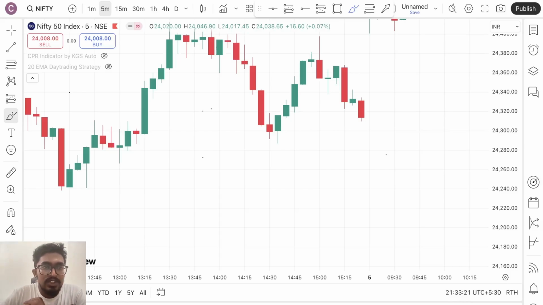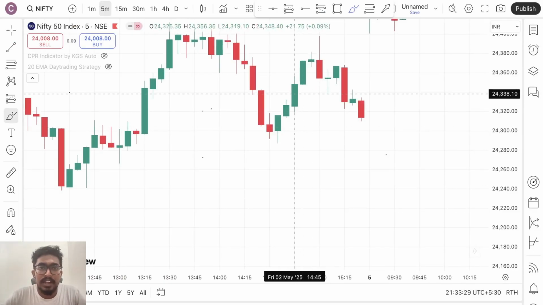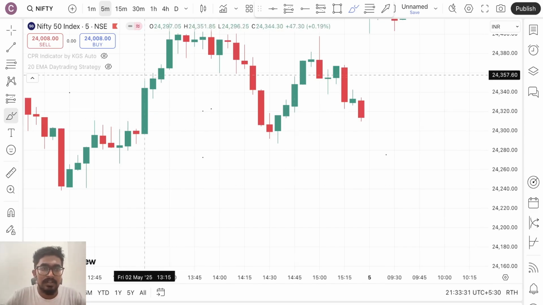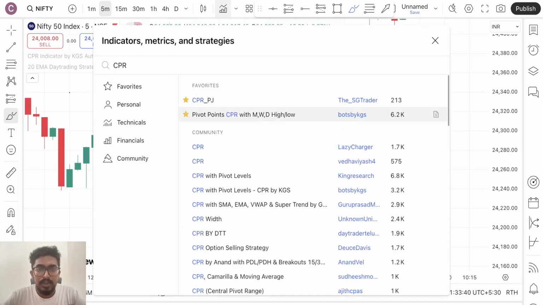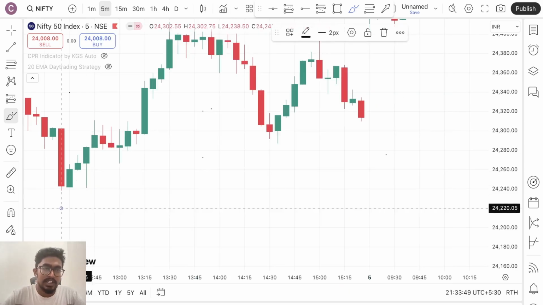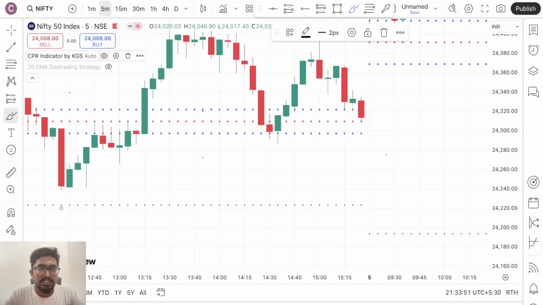Now I will show you how you can use that indicator. You can go to the indicator section, and here you can type CPR. Here you will get pivot point CPR with monthly, weekly, daily, high, bar, low. In this section, just click that. Here I'm already using it.